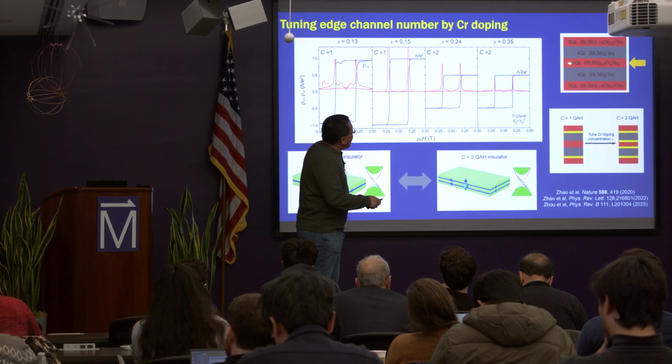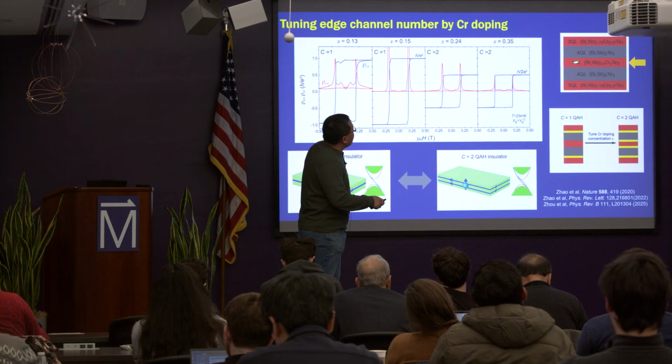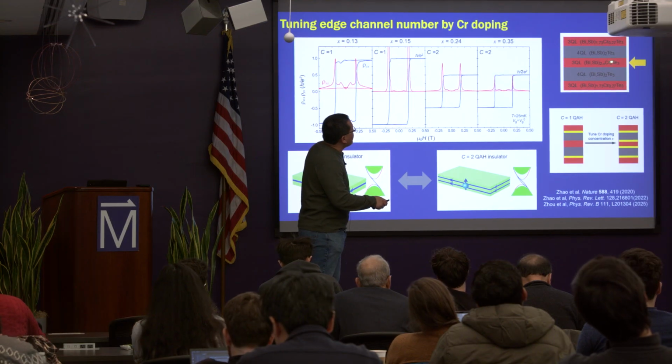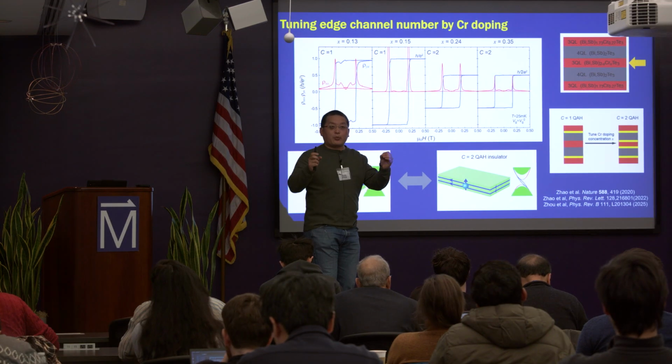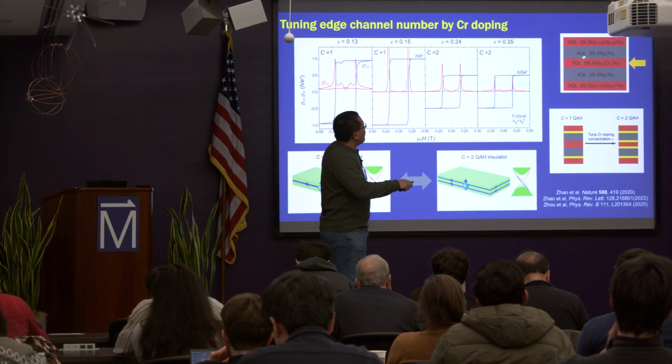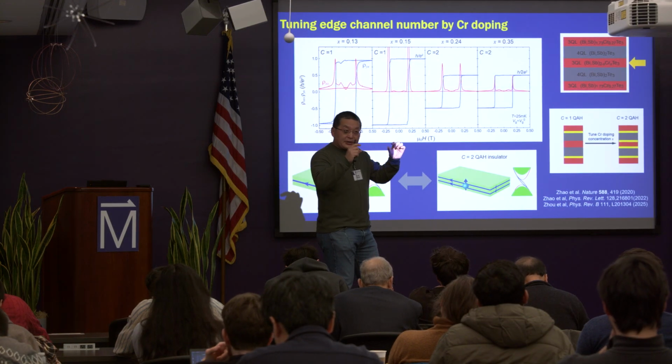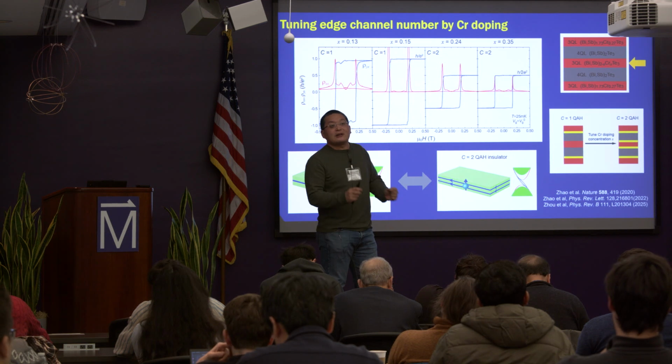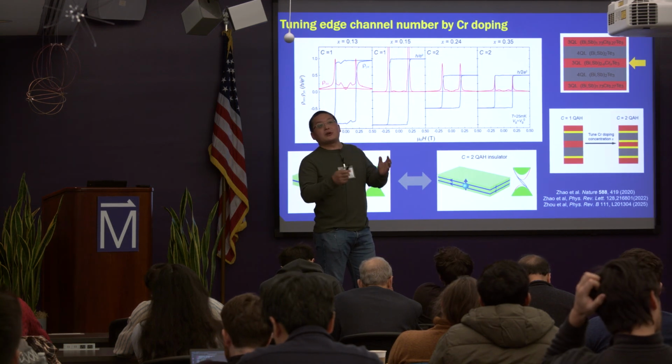And we can also tune the Chern number another way. If we fix the doping level, we can tune the Chern number by tuning the thickness of the middle layer. For example, when the thickness is thinner, it is C = 1. When the thickness is thicker, it becomes C = 2.